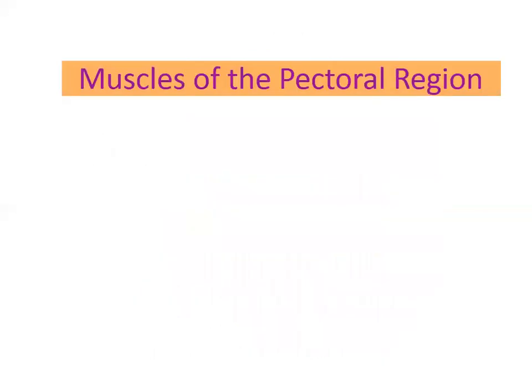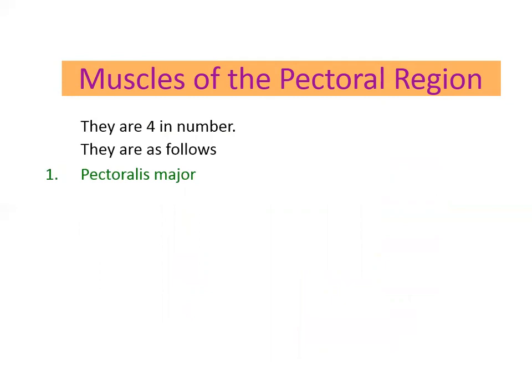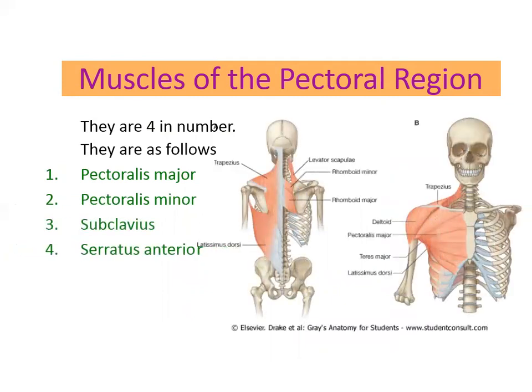Now coming to the muscles of the pectoral region. There are four specific muscles present in this region. They are the pectoralis major, pectoralis minor, subclavius, as well as the serratus anterior. One is the pectoralis major muscle, which you are seeing here.